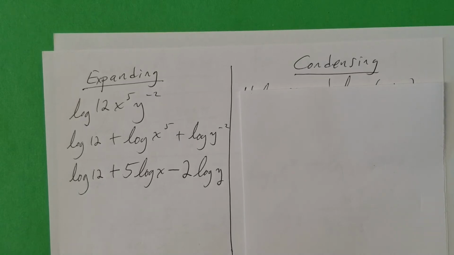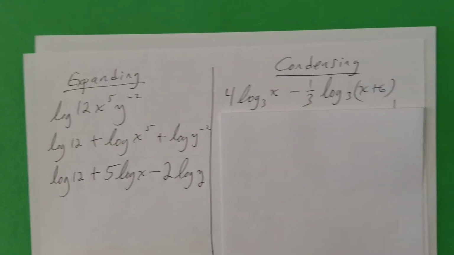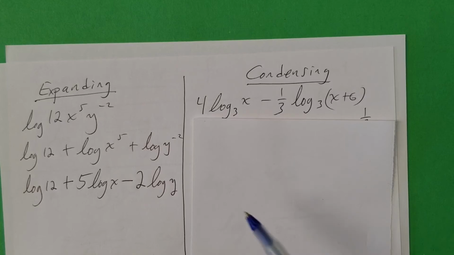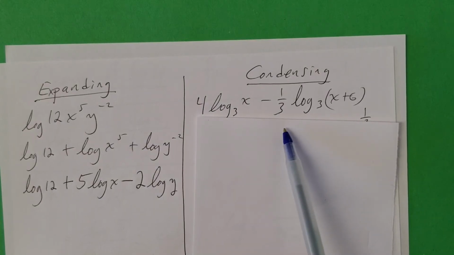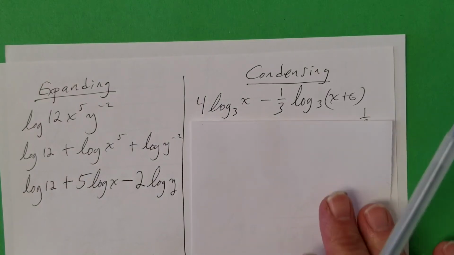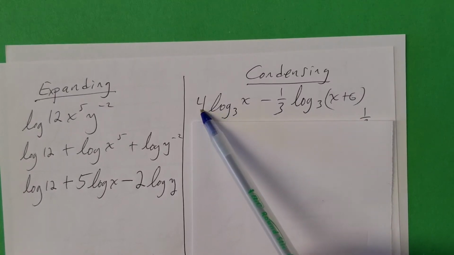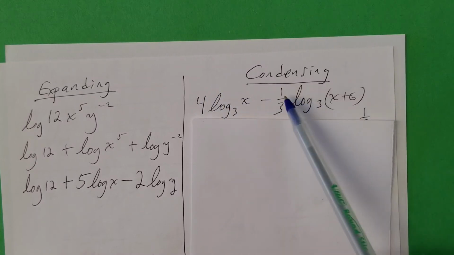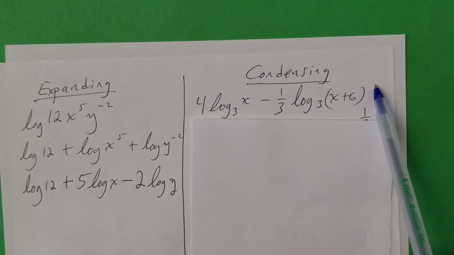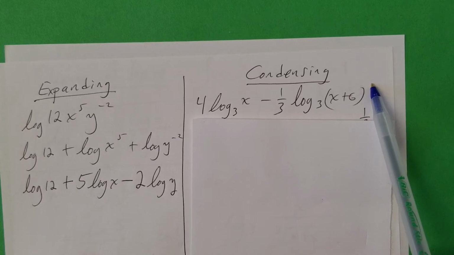And then you can do it the other way. You can condense it. So this is already expanded. Let's condense it. Well, first of all, these numbers here can go back to being powers, right? The 1/3 can go back to being a power, right?